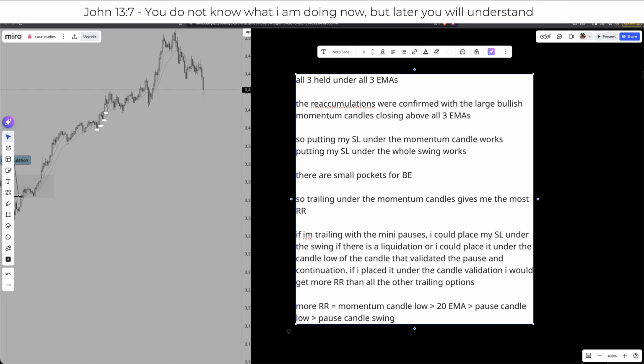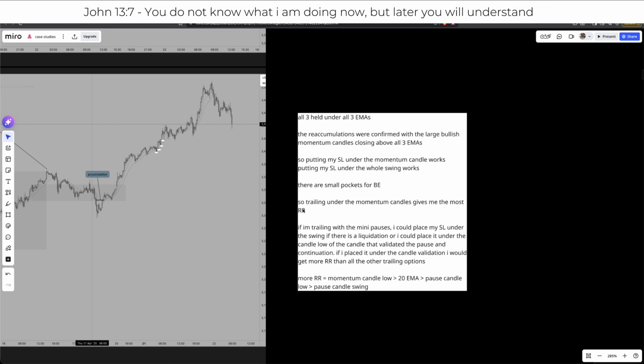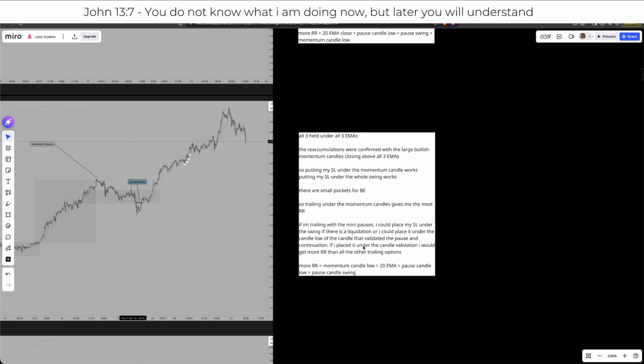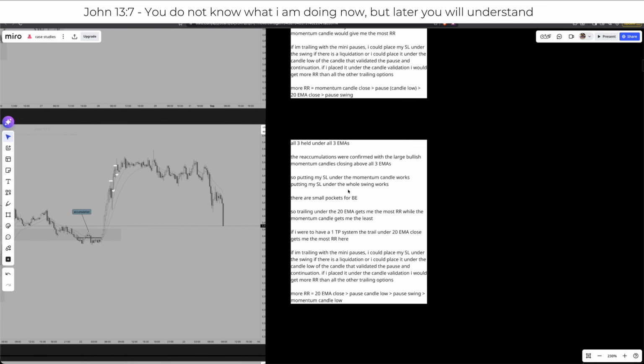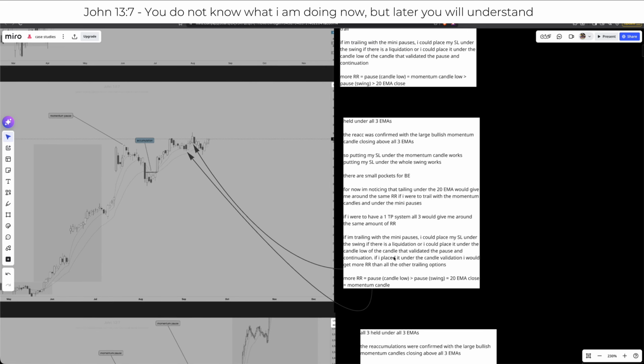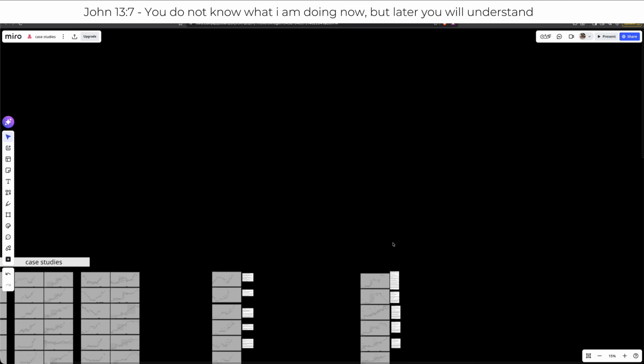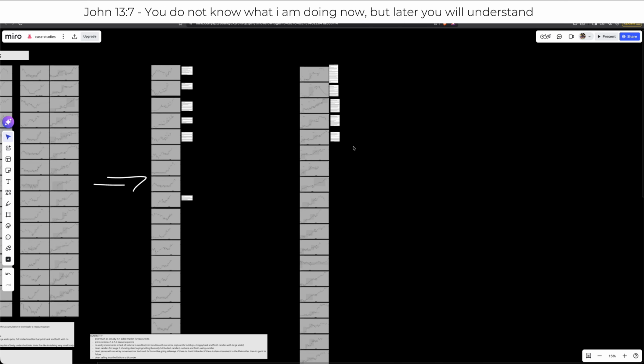Okay. So far it's very back and forth. Like you have the momentum candle low, the 20 EMA close, the momentum candle close, the pause candle, yeah.